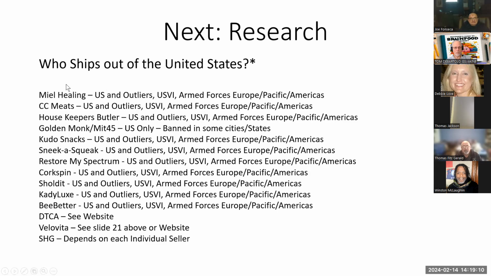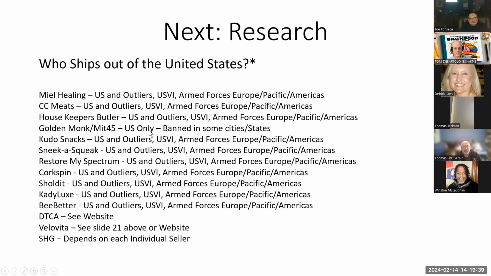I listed all of our RAM affiliates and where they ship to. For example, Meal Healing ships to the US and outliers, US Virgin Islands, Armed Forces, Europe, Pacific, and Americas, as do all of the others except for Golden Monk and MIT 45.